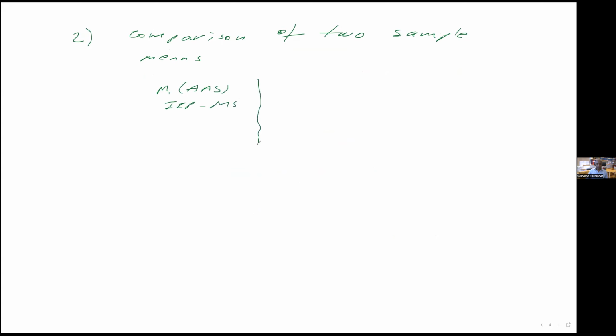Another way is, you see, next, and this is comparison of 2 sample means. And here it can be, for example, method 1, which is based on atomic absorption spectrometry, or it can also be inductively coupled plasma mass spectrometry, ICP-MS.